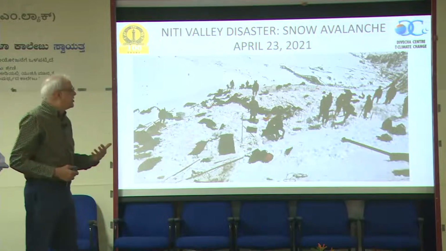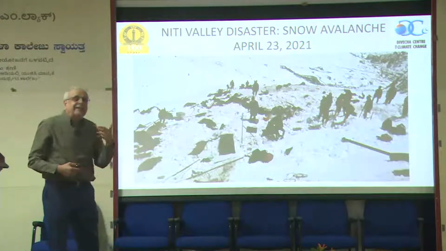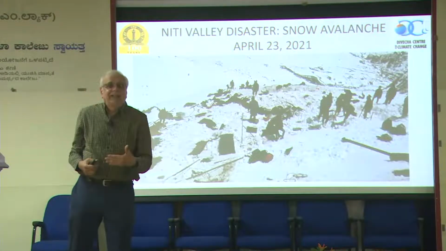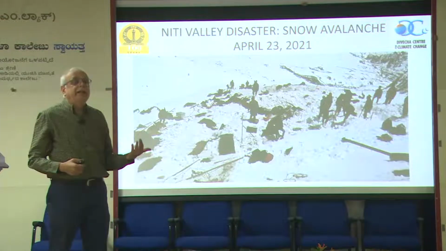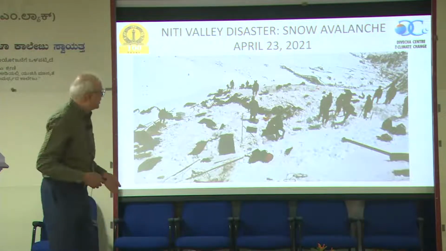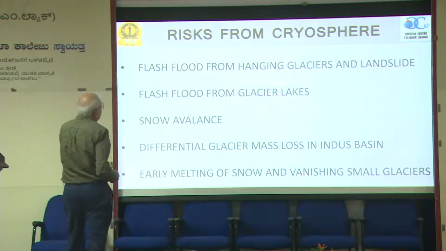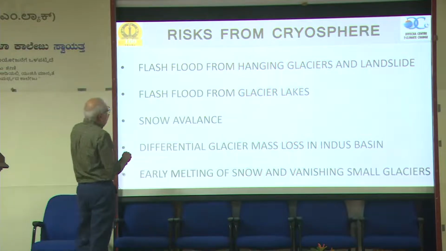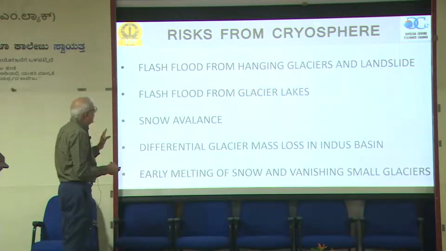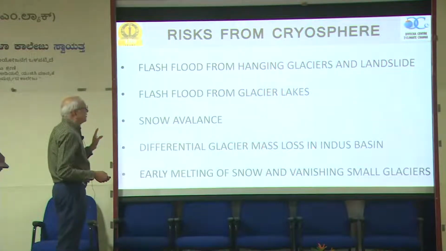And as the climate changes, new areas are becoming vulnerable because mountain slopes are becoming unstable. So regions which had not experienced avalanches have also started to experience them. So if you really look into the risk from the cryosphere, there are flash floods from hanging glaciers and landslides, flash floods from glacier lakes, snow avalanches, and glacier mass loss in the Indus Basin.